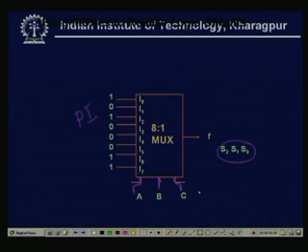That means, when my primary inputs take the value 0 in decimal, then f will be 1.